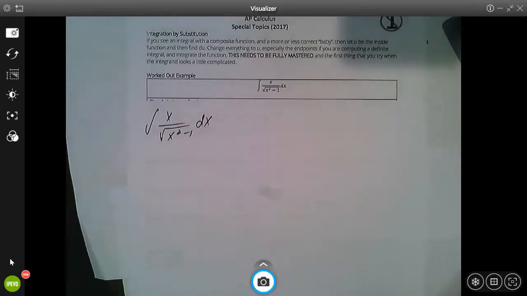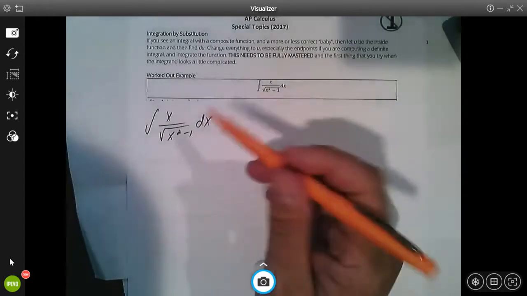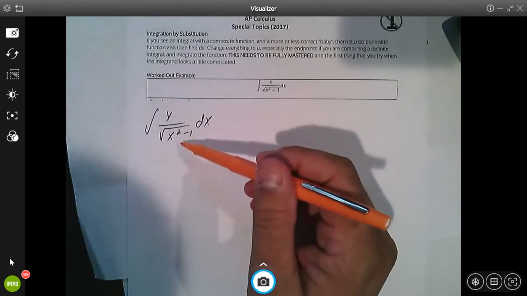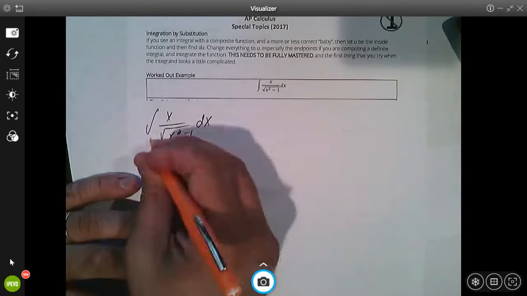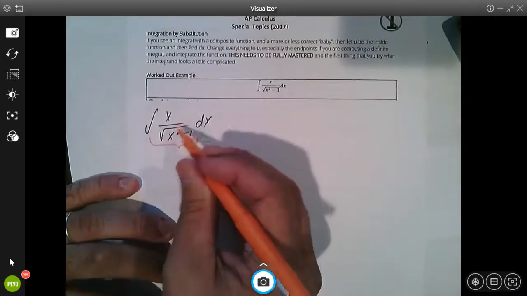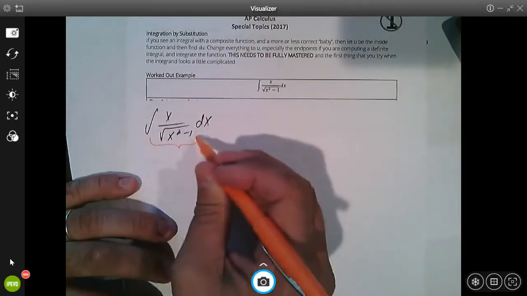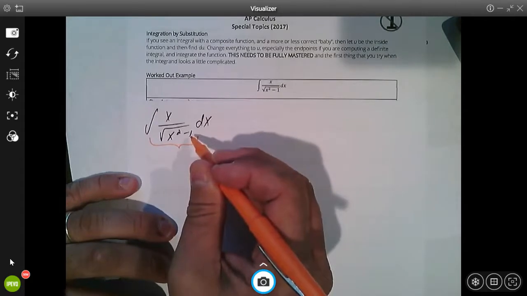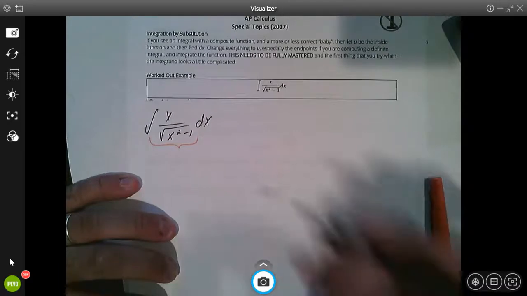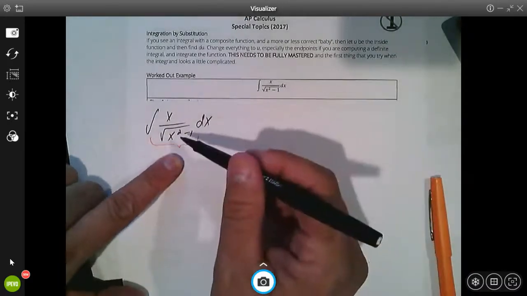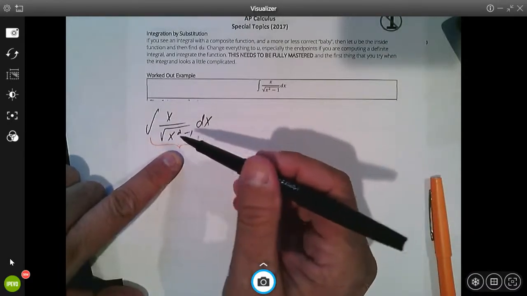Now, integration by substitution is a technique that you're going to use when you're looking at some tricky integration problems. I like to tell my students the messier the integrand is, the more complicated it is, the more likely it is that integration by substitution is what you're going to need. With integration by substitution, what we're trying to do is undo the chain rule.